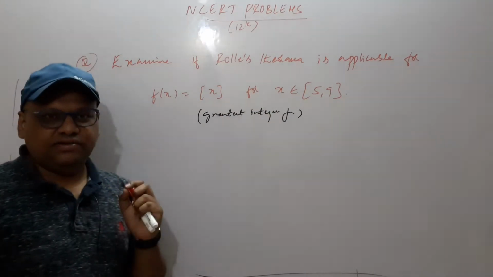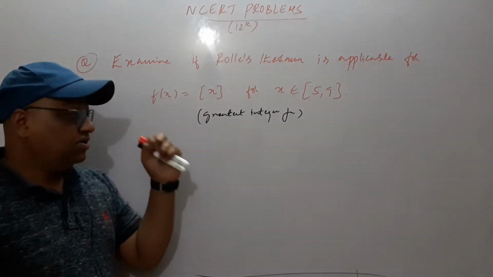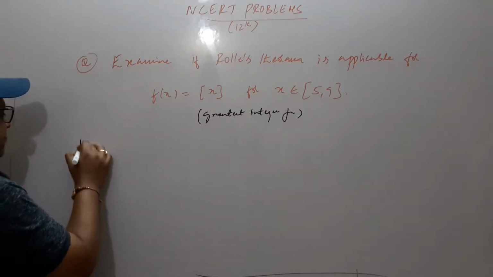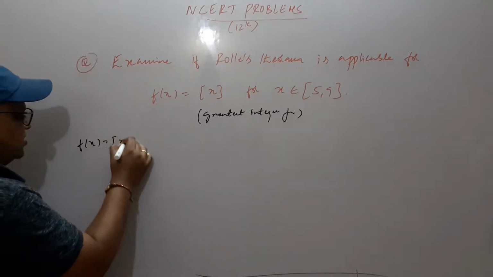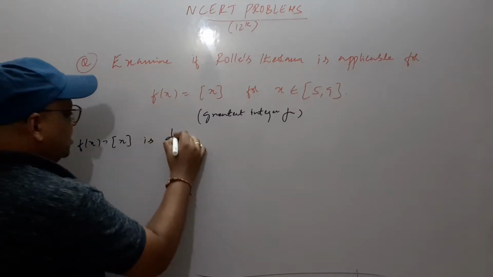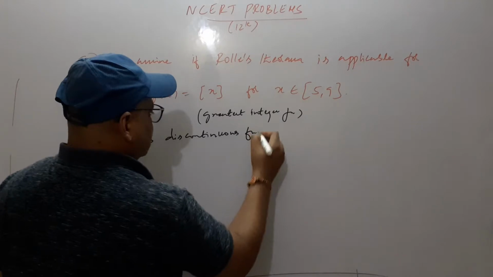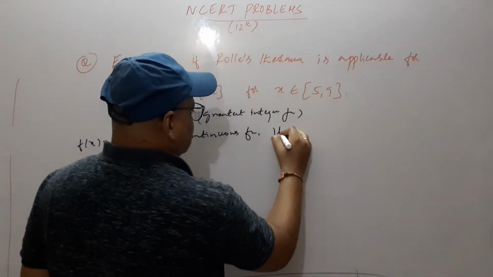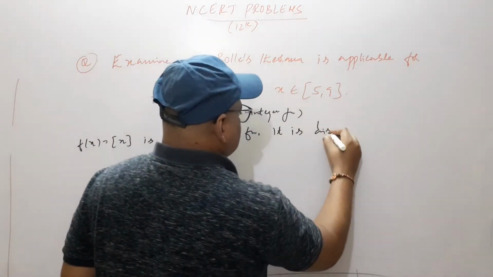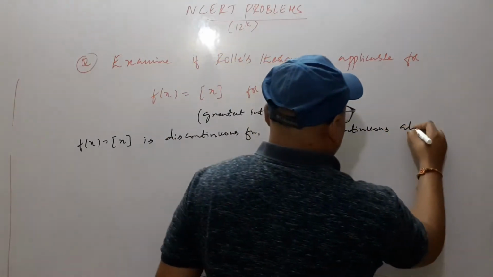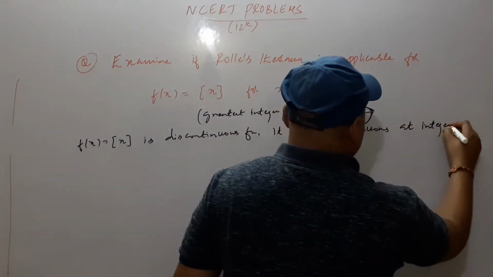Straight away we can write: if it is a 1 mark problem, you say directly f(x) = [x] is a discontinuous function. It is discontinuous at integer points.